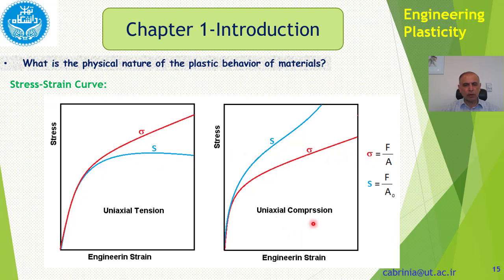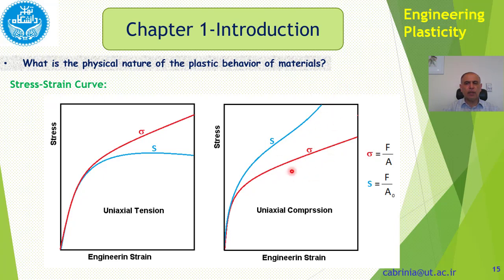However, for the uniaxial compression test, as we can see, these are completely reversed. The engineering stress strain curve increases almost exponentially, and sigma, which is the true stress, increases much less than this. This is a very sharp increase in the stress.